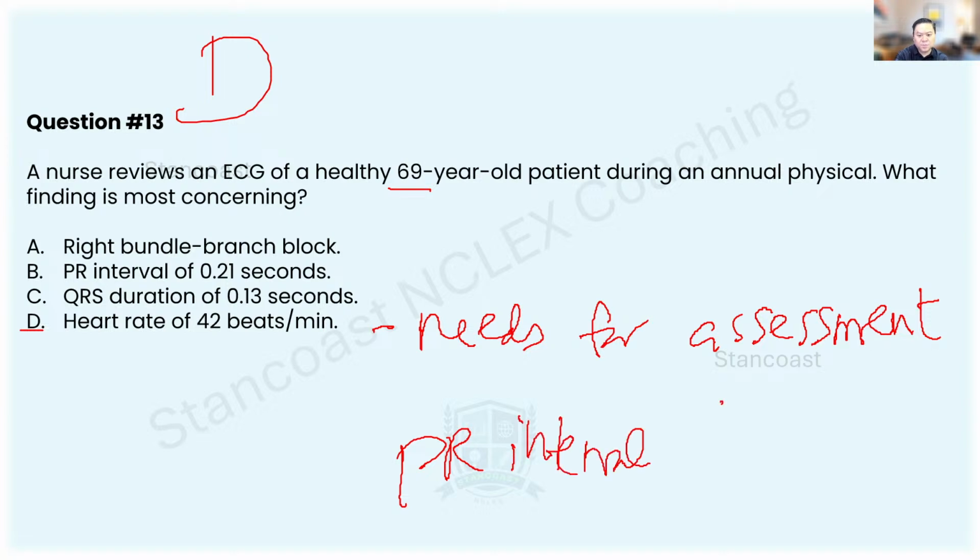Supposedly it is 0.12 to 0.2 seconds. That is normal. So the patient's value is what? It's actually indicating a first degree heart block, greater than 0.2.